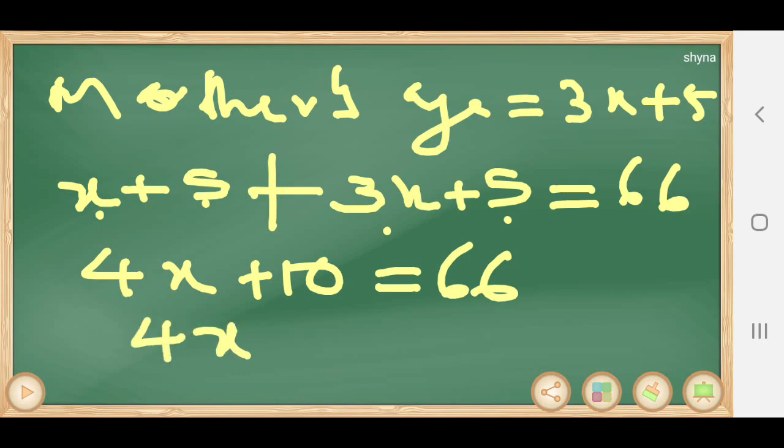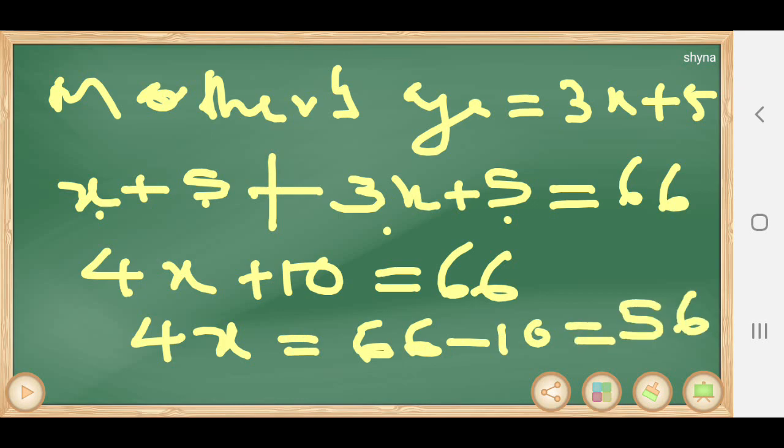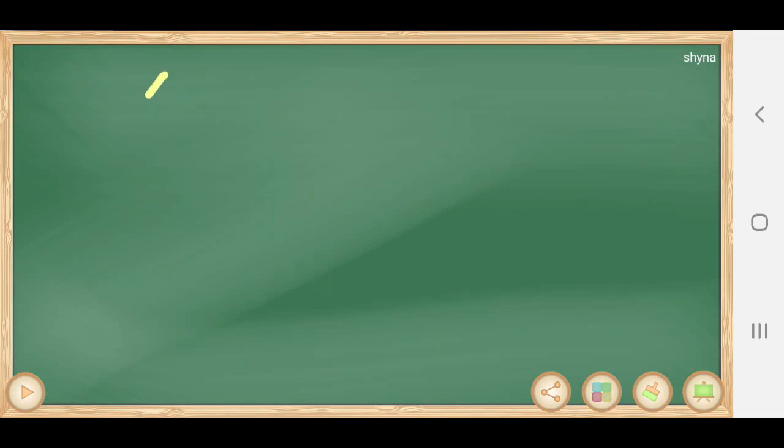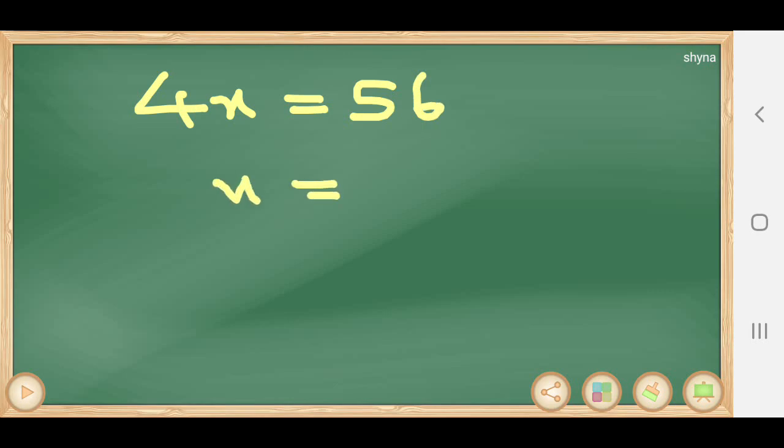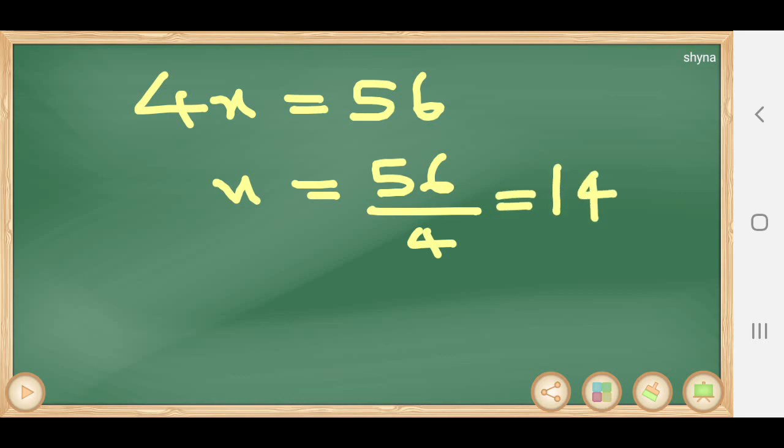So, what is 4x? 66 minus 10 equal to 56. That is 4x equal to 56. Then what is x? 56 by 4 equal to 14. Yes, now we got x equal to 14. What is x? What was asked in the question? Yes, x is the present age of Sahil.